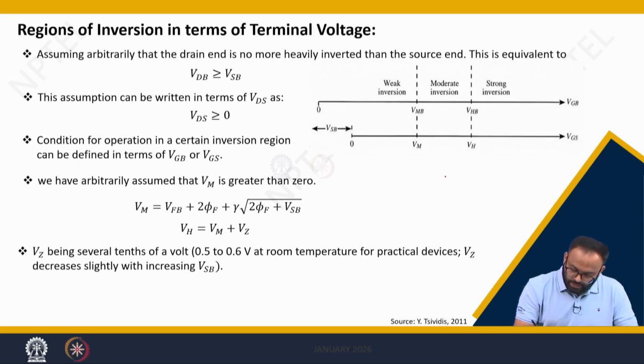As I mentioned, my MOSFET has 4 terminals. This terminal I call the source, this terminal I call the drain, which is nothing but N plus, this is the p-type body, this terminal you can call the body, and over the oxide you have the gate where you are applying Vg.